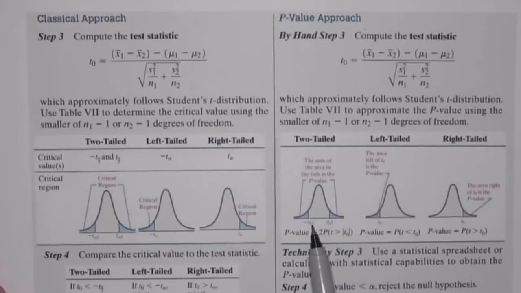If we're doing a two-tailed test, the test statistic will either be negative or positive, so we will find it and its opposite, so that we'll have one negative value, one positive value. And the p-value will be the total area on the outside of those two critical values, so the total area in the two tails. And again, that p-value will be double in a two-tailed test what it would be if it was a one-tailed test.